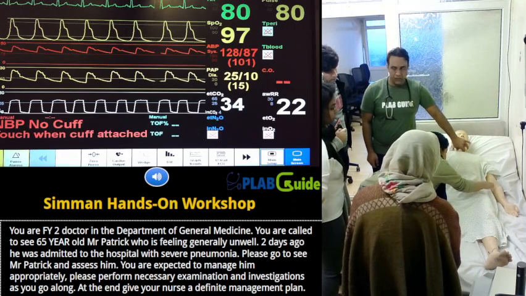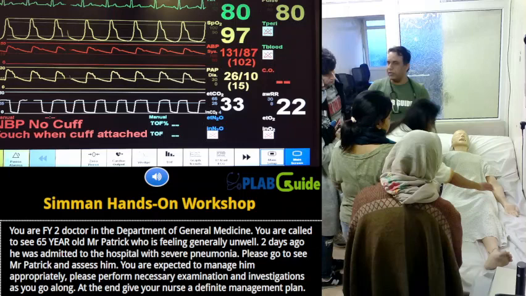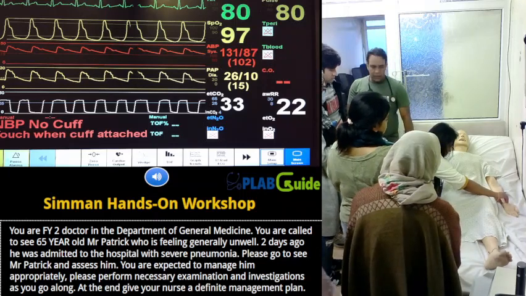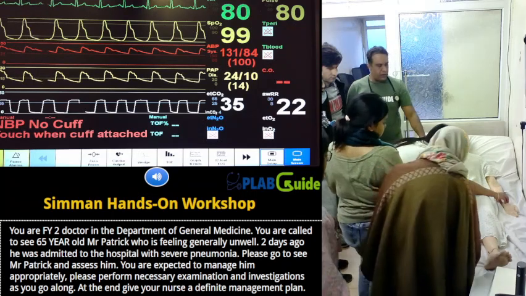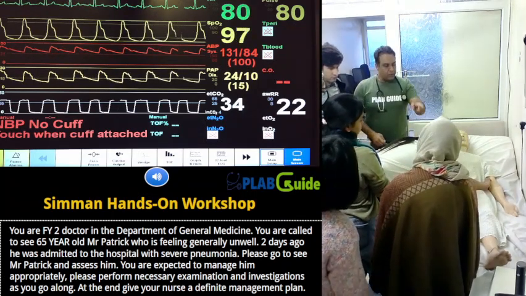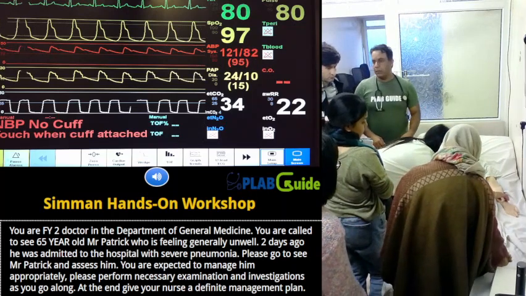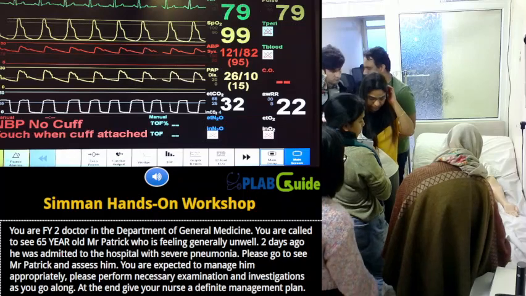You can feel it not in here, but here. In all the Simmans, the pulses are present at that place. You can feel the carotid. You can feel that the right carotid is stopped, but the left is present. You can feel the bilateral femoral pulses as well.